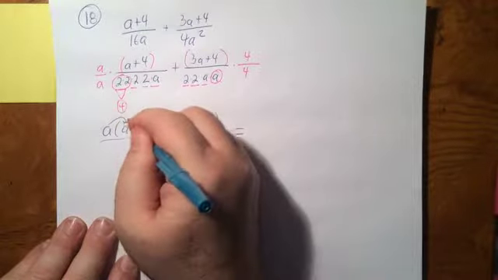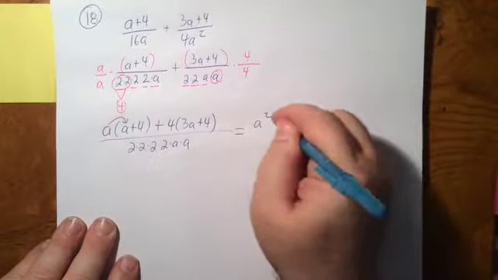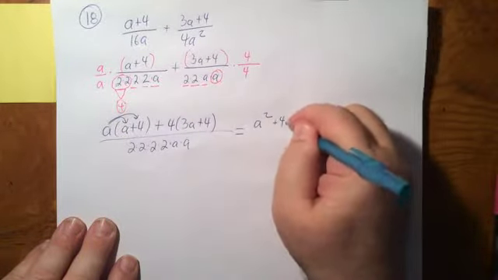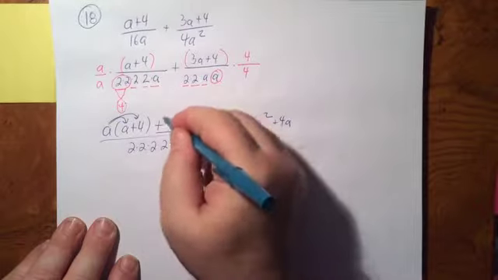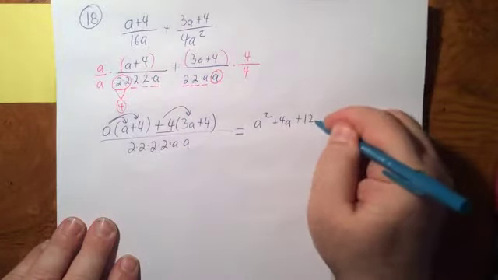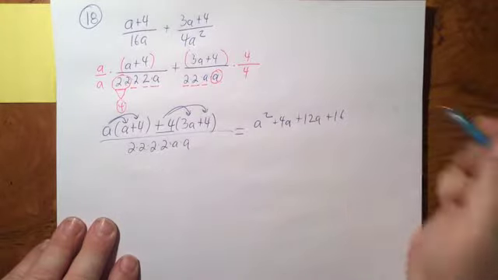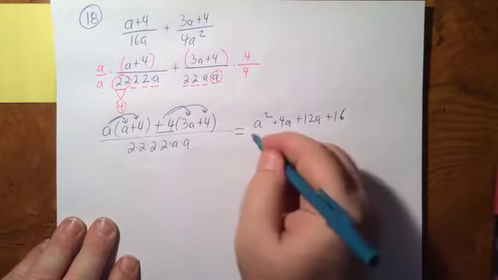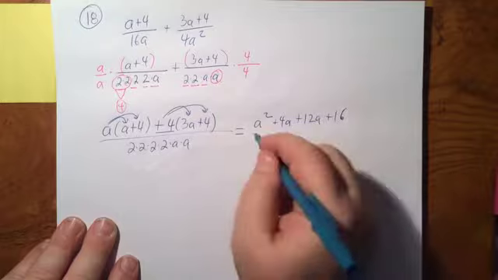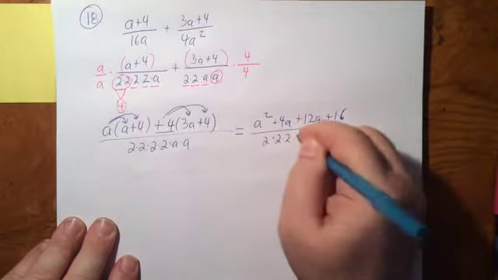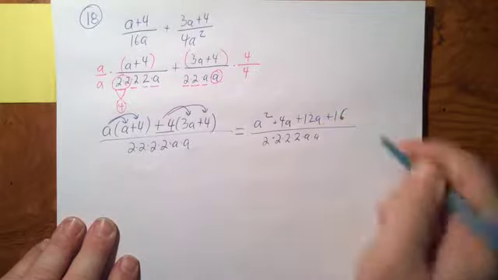So we have a times a. That'll be a to the second. A times 4 will be plus 4a. 4 times 3a will be plus 12a. Then 4 times 4 will be plus 16. This is all going to be over 2 times 2 times 2 times 2 times a times a.